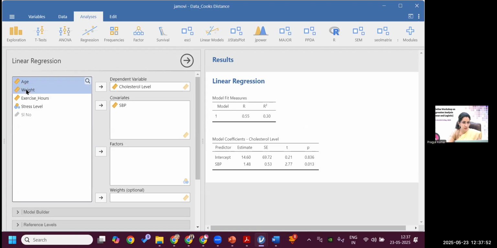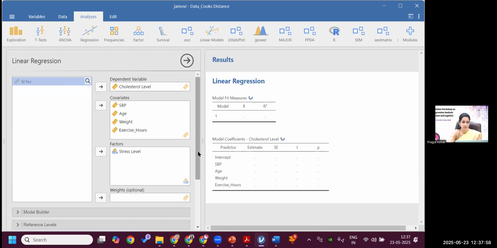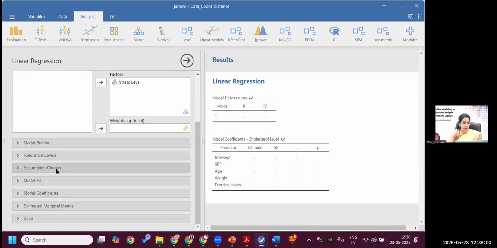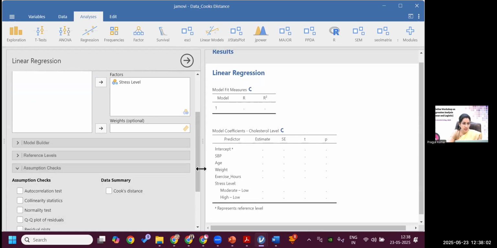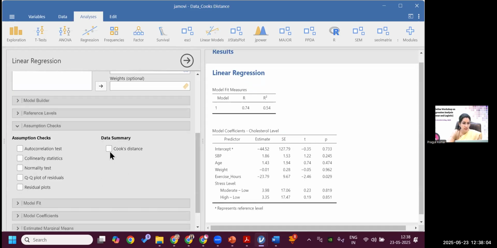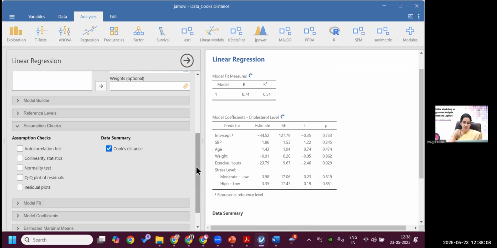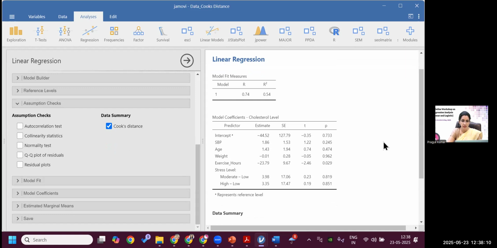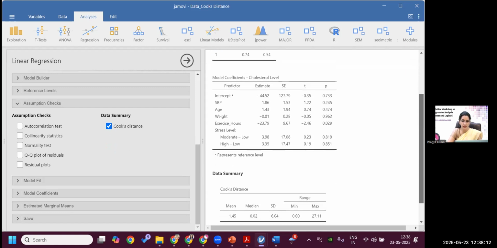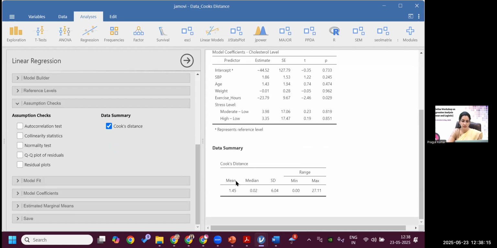I'll move all these, and stress level here in the factor. Then I'll go to the assumption checks, and in assumption checks you can see there's Cook's distance. It gives you the overall Cook's distance also. If you see the overall Cook's distance, it is 1.45. But it doesn't give you the individual values.